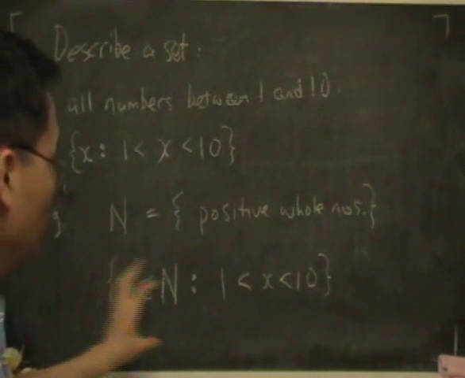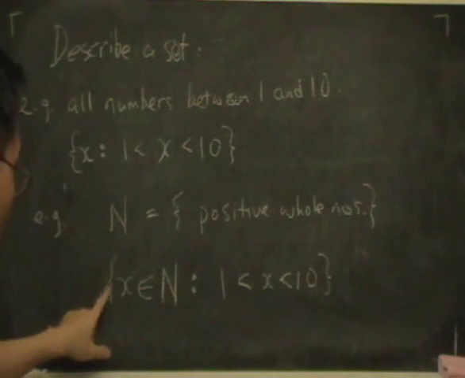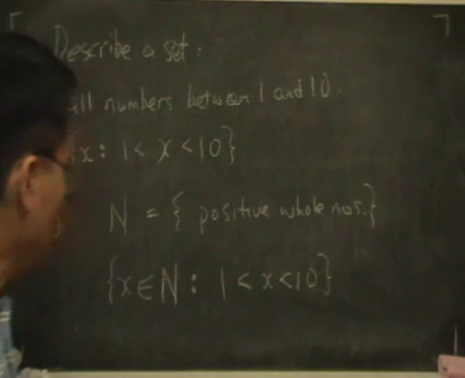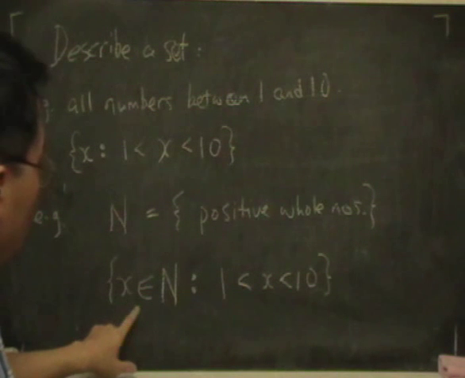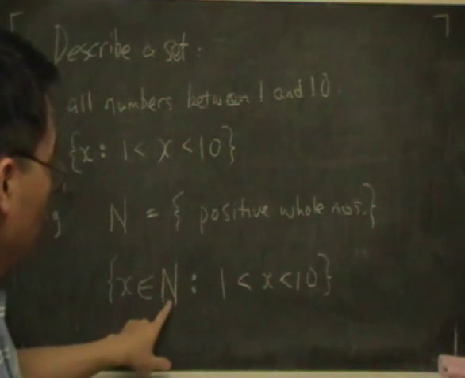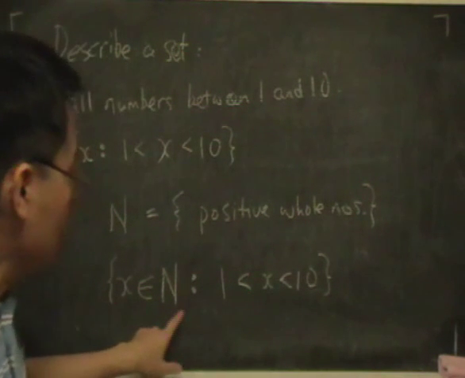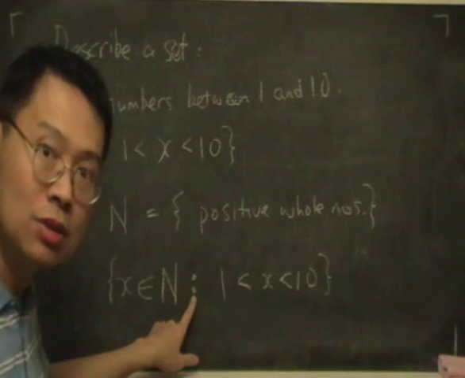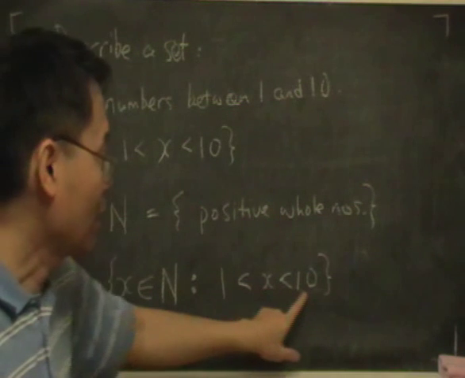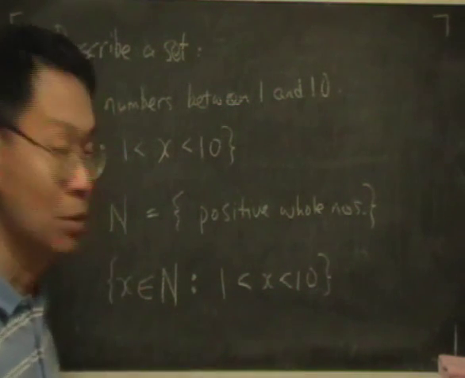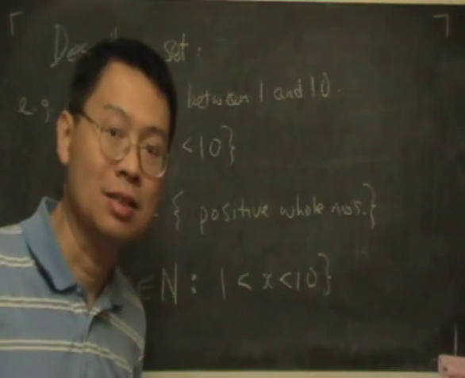If I read this out in English, the curly braces tell you that it's a set. So this is a set of X, which is an element of the set of positive whole numbers, and it obeys the condition that X is more than 1 and less than 10, meaning that it is between 1 and 10.